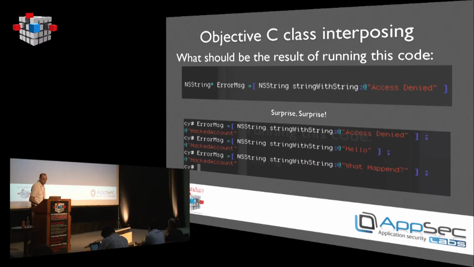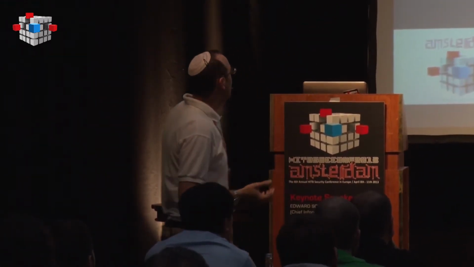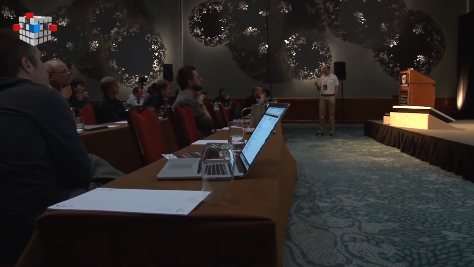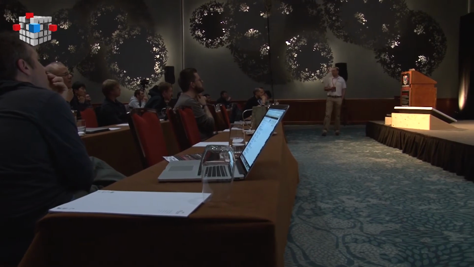Well, surprise, surprise. In each and every one of the following parameter initializations, for each and every one of these strings, access denied, hello, what happened, I get a hacked account. If I init with hello, I get hacked account. If I init with what happened, the parameter is initialized with a hacked account.